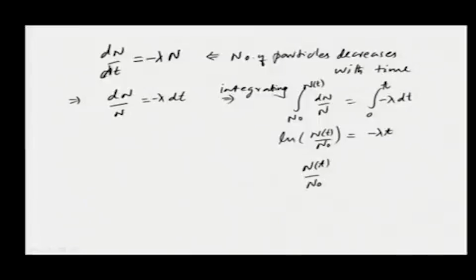The exponent of log is n t by n 0, equal to exponential minus lambda t, or n t equals n 0 times e power minus lambda t.